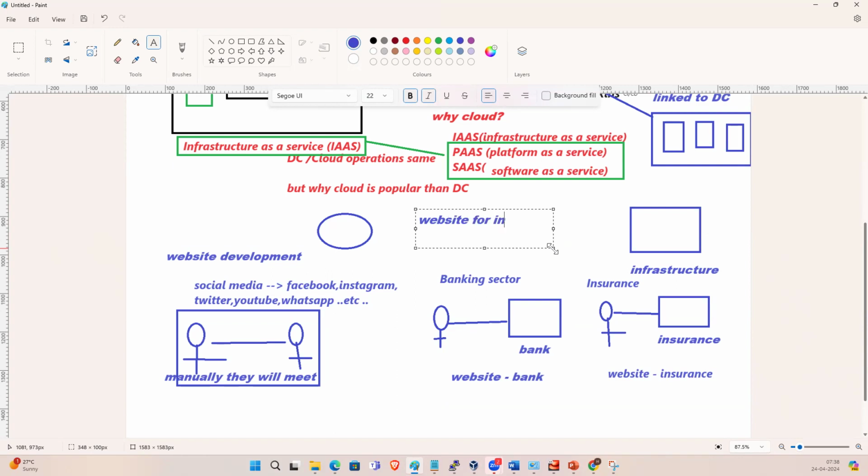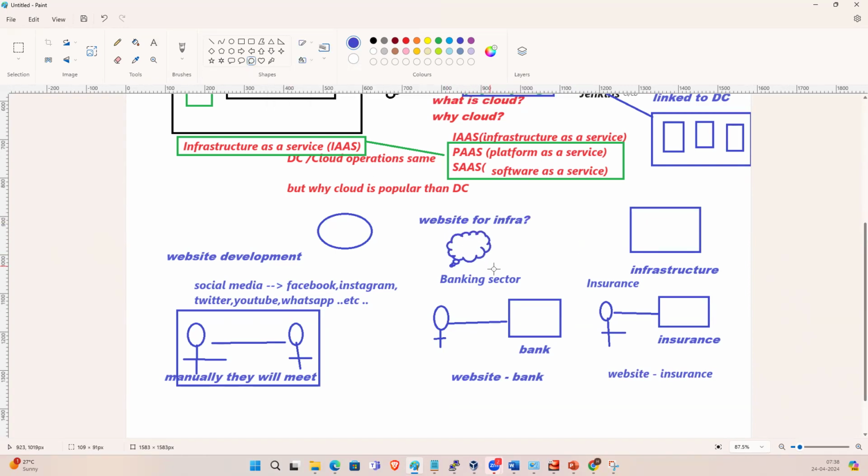So they thought and created a website for the cloud, and they linked it to the data centers.